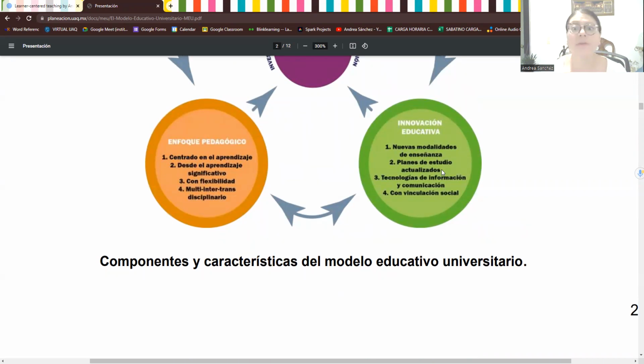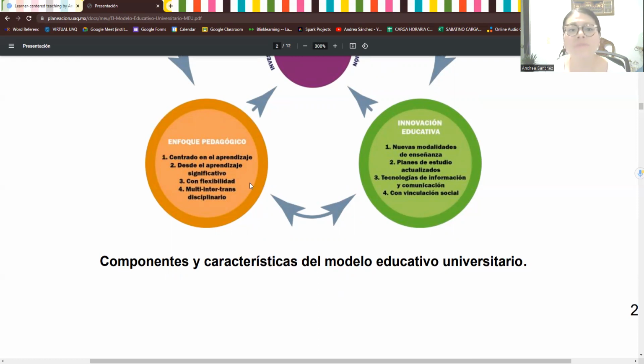So it's very updated. Y que hacemos uso de las tecnologías de información y comunicación, just like what we are doing now on Zoom. Nuestros programas están vinculados con la sociedad a través de la innovación educativa.